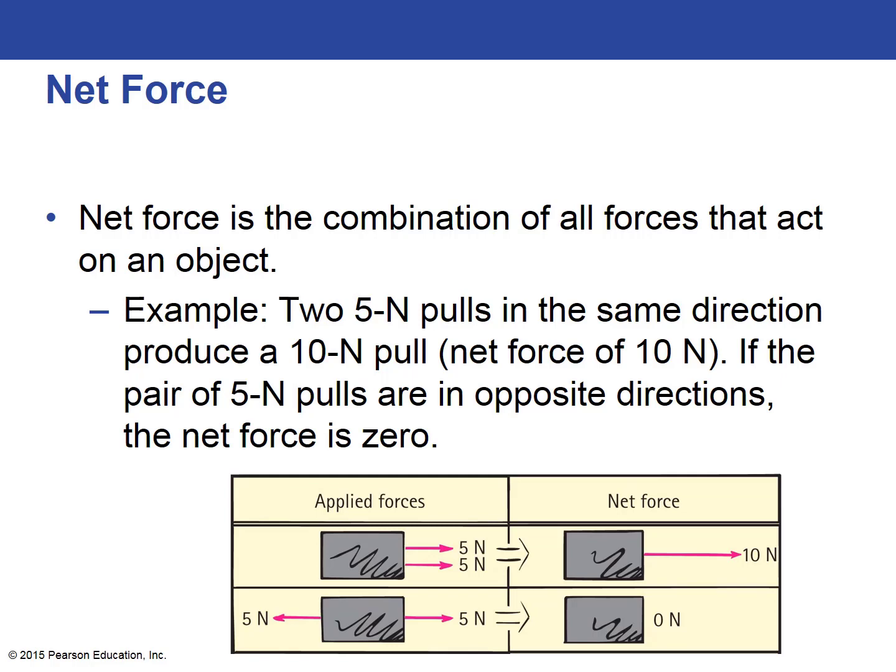we draw out the force one at a time. We draw out a length of an arrow with a tip on the arrow, and the length of the arrow is the amount of force drawn to scale.